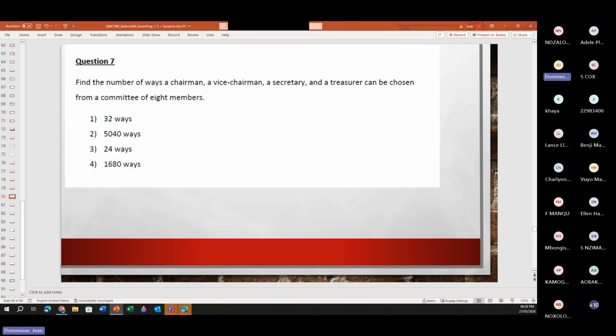Okay, so this is the first time, I think, in the last 2 or 3 sessions that we actually have a permutation. They clearly say here, find the number of ways a chairman, vice chairman, secretary, and treasurer. So there's definitely ranking in this. So order matters.